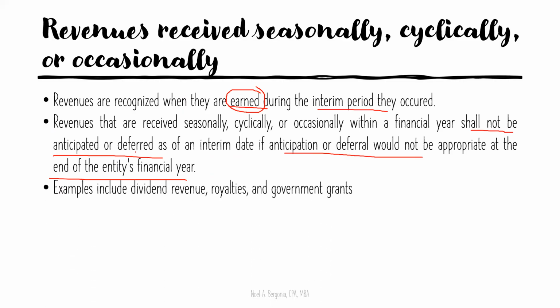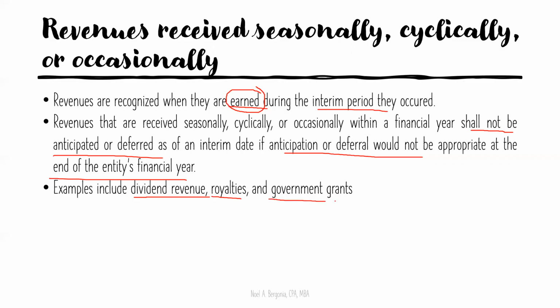Also, the principles natin are following, okay, example lang po, no, nung ating mga cyclical or even occasional na revenues are somehow dividend revenue, 'di ba? Kasi at some period of time lang 'yan, even royalties kasi yung royalties would be given on a specific period, no?